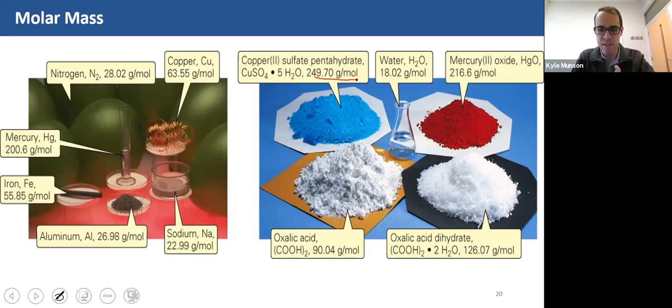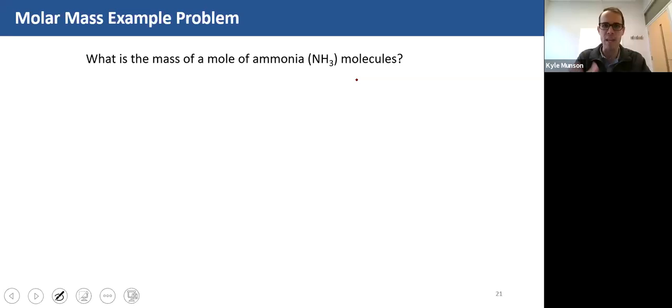The different substances, of course, have different masses. Not so important, but just to give you an idea what we're talking about. Okay, so moving on from that, let's do an example. Remember, the molar mass is numerically equivalent to what we were calculating before for formula mass, just the units are different. So let's do this problem together, and we're going to use dimensional analysis.